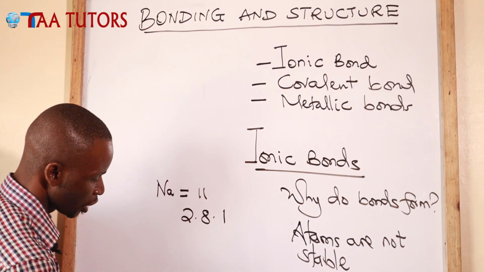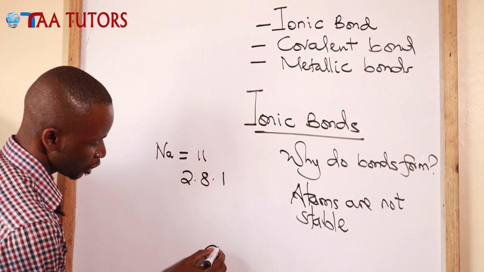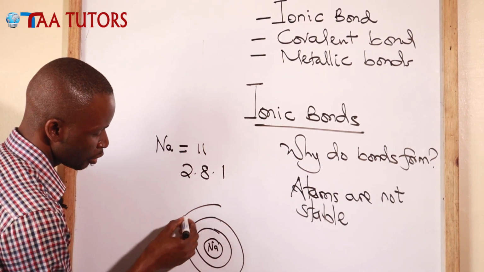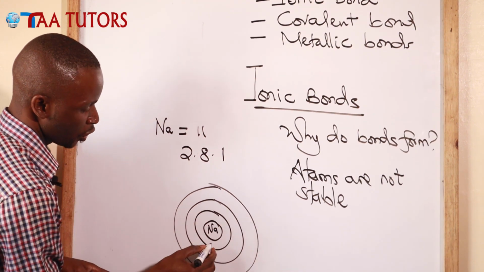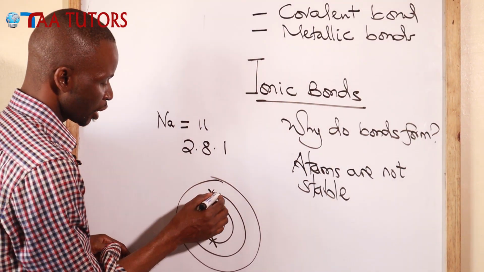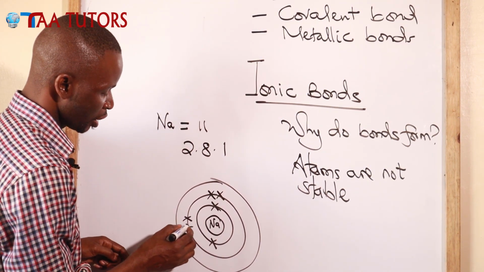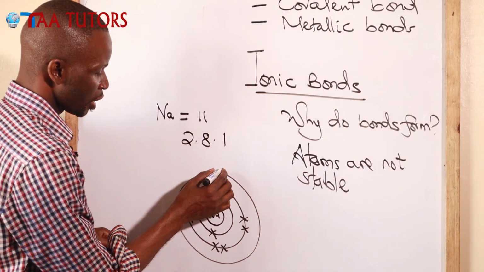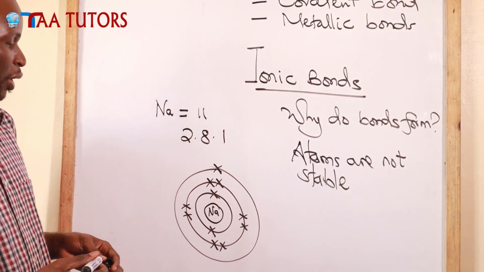Let me just sketch its atomic structure. This will be sodium with 3 energy shells. The first energy shell will have 2 electrons. The second energy shell will have 8 electrons. And the last energy shell will have 1.